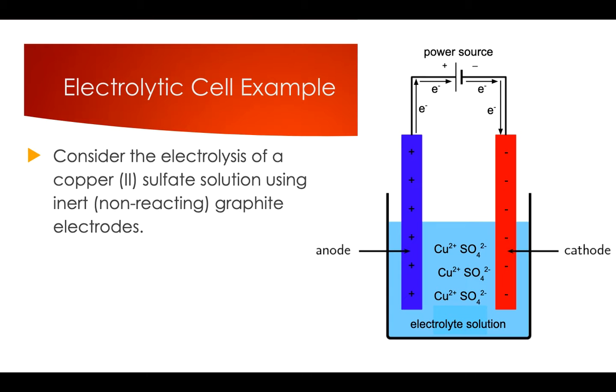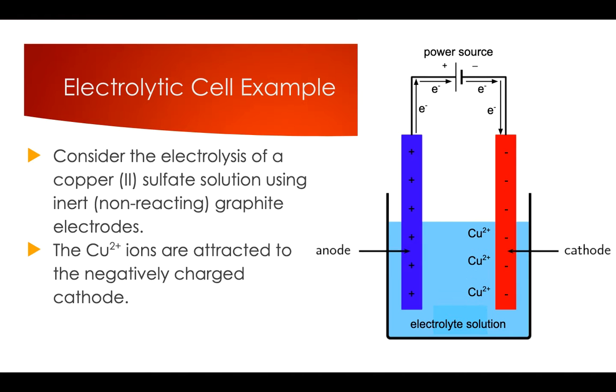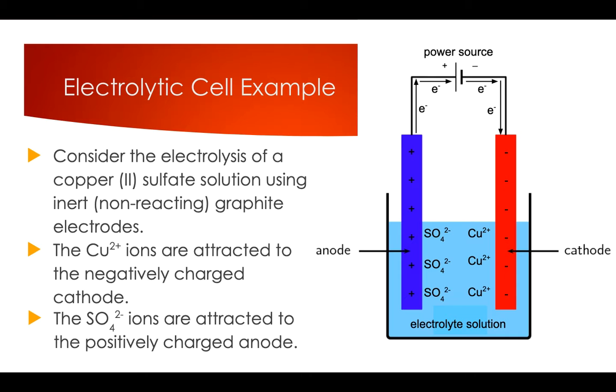In this example of an electrolytic cell, the electrodes are not involved in the reaction. You get the charge separation set up where the anode is positive and the cathode is negative. The copper(II) ions are going to be attracted to the negatively charged cathode, and the sulfate ions are going to be attracted to the positively charged anode.